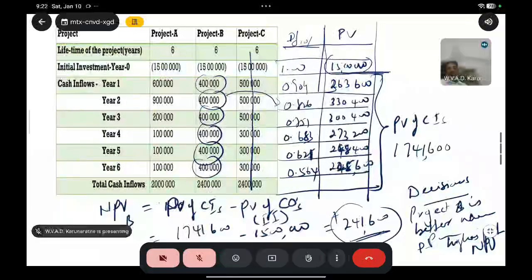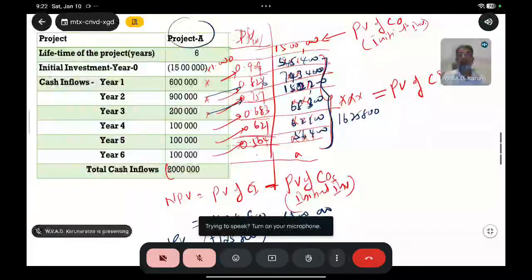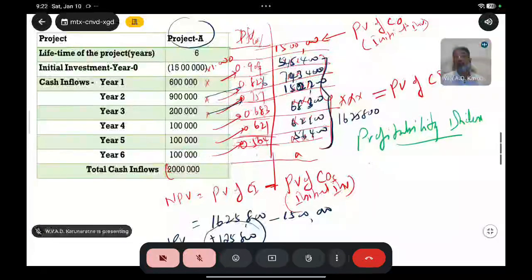If you have three projects, you have to do the same thing again and again and compare the three. Now, if you want to provide another measure, there is the profitability index. So how to calculate?